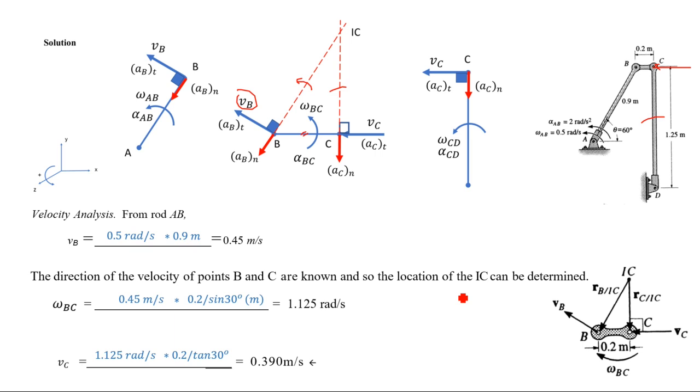Now we're going to use this one to be multiplied by 0.2 and multiplied by tangent of 30, and we'll come out to the conclusion that the VC is going to be equal to 0.39 meter per second going to the left.